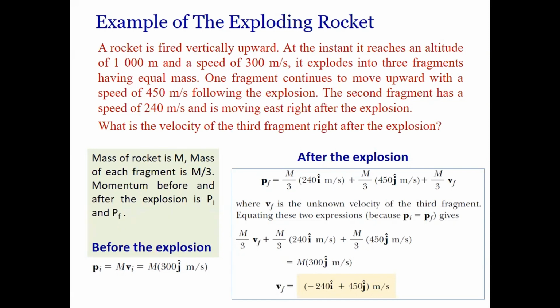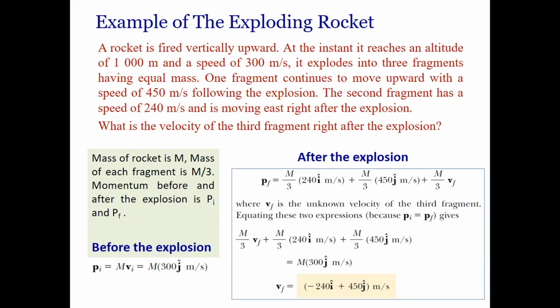One fragment continues to move upward with a speed of 450 meters per second following the explosion. The second fragment has a speed of 240 meters per second and it keeps on moving east right after the explosion. And these are the experimental observations.